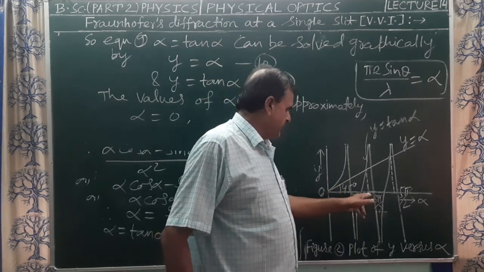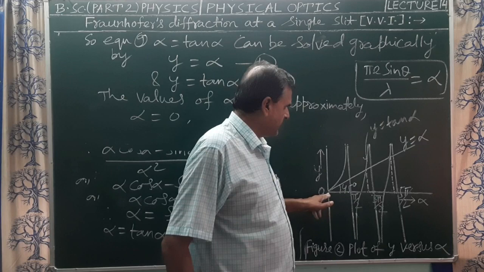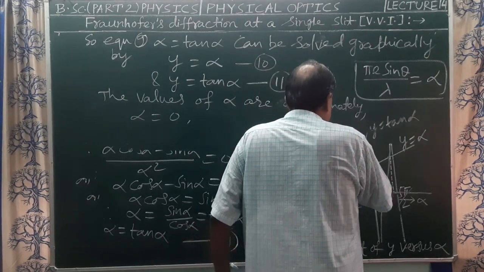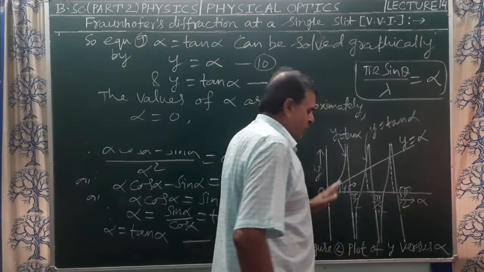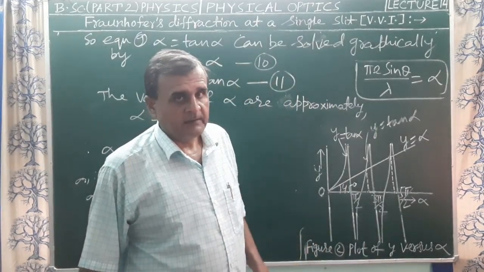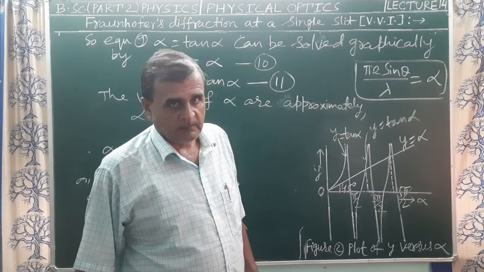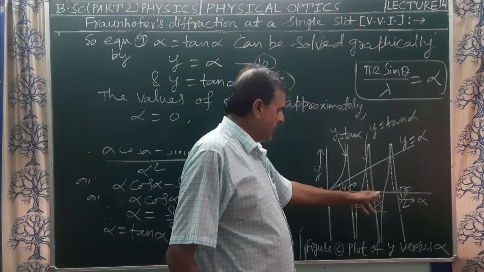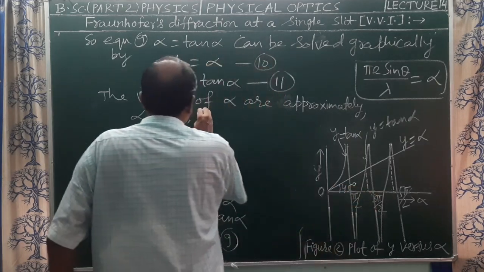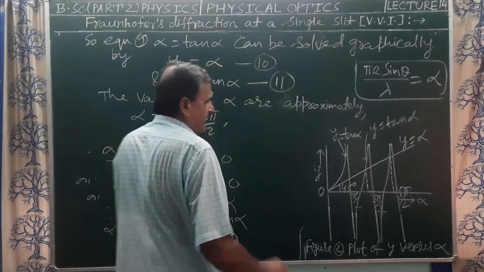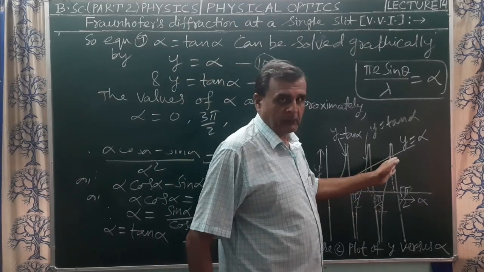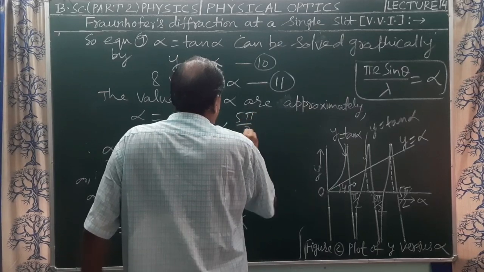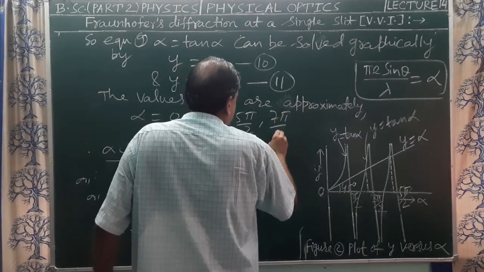That point will give the direction of maxima. So the first value is 0, the second value is approximately 3 pi by 2, then approximately 5 pi by 2, the next value will be 7 pi by 2, and so on.